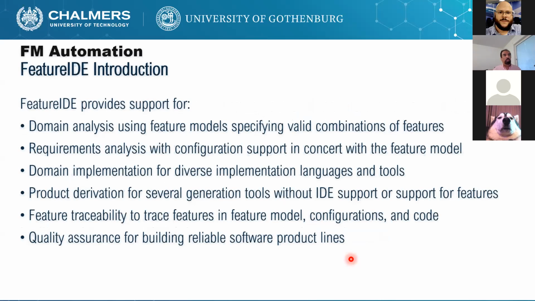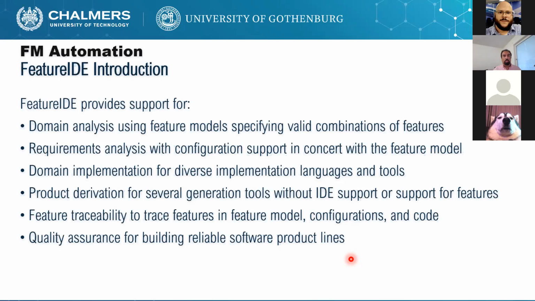You have domain implementation, and you also have product derivation, like in Pure Variants, where you have a derivation model. Here you also have a derivation model for several generation tools.